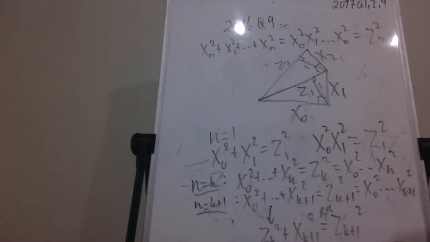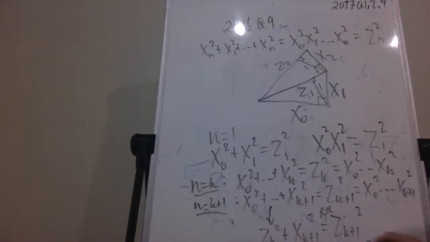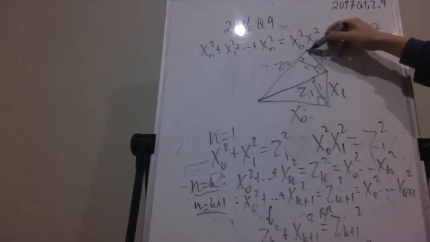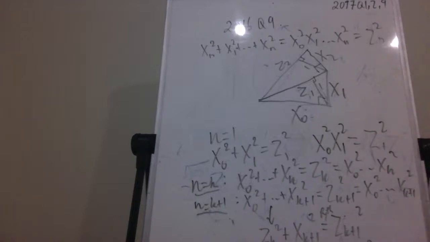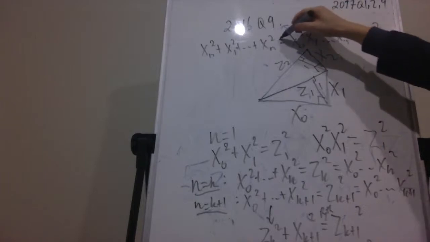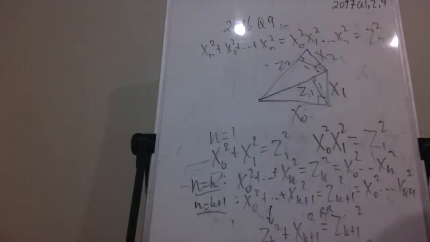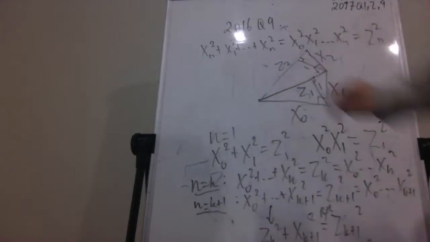So that times that is the area, yeah? And this by definition here is just the product up to k, right? Yes, by definition.